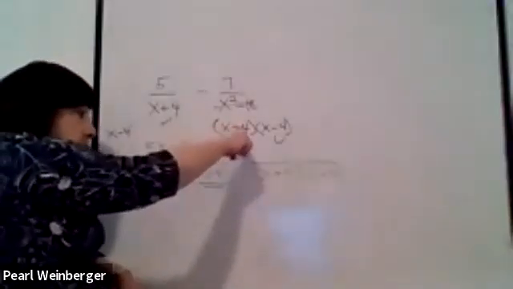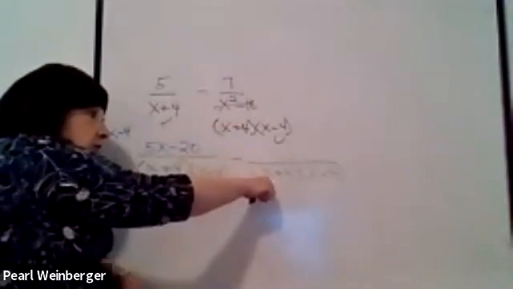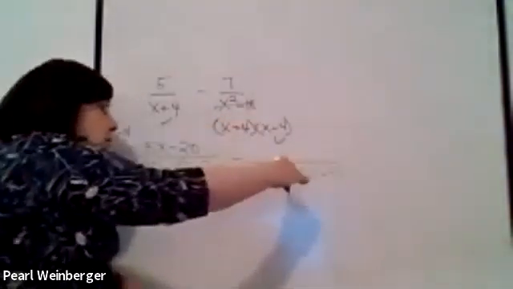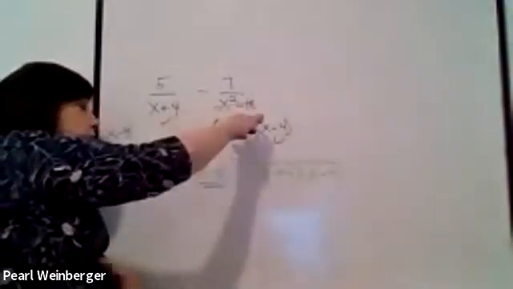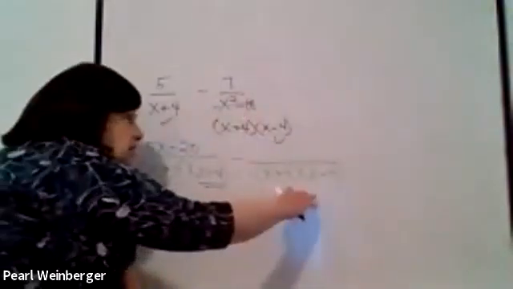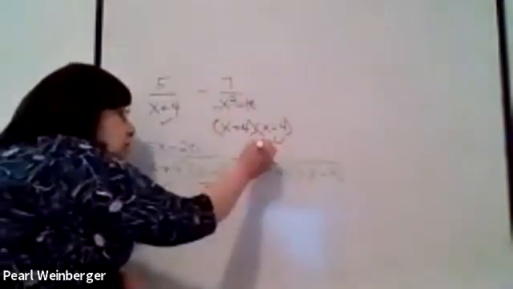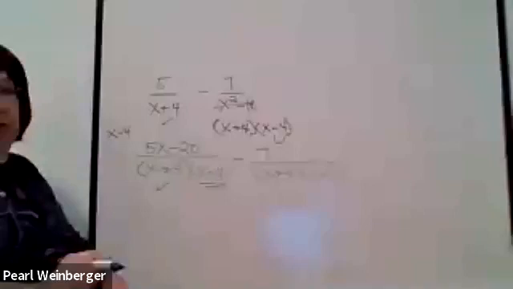Now you go to your next fraction. The x plus 4 is there, the x minus 4 is there. There's nothing new here that wasn't here originally. I didn't change that denominator at all, so I'm not changing the numerator. I'm leaving it the 7.